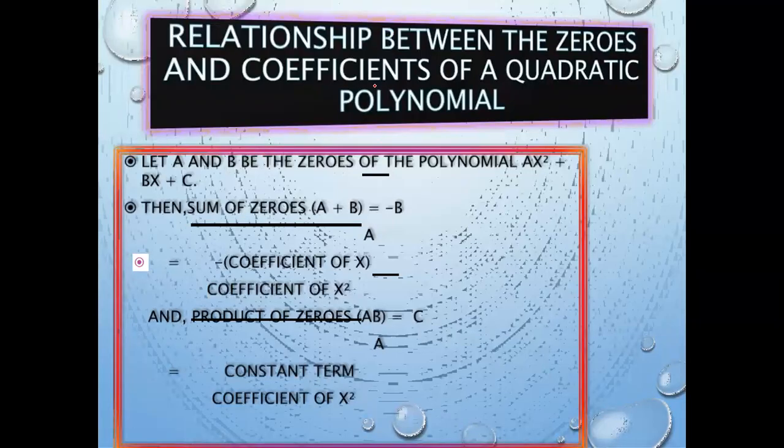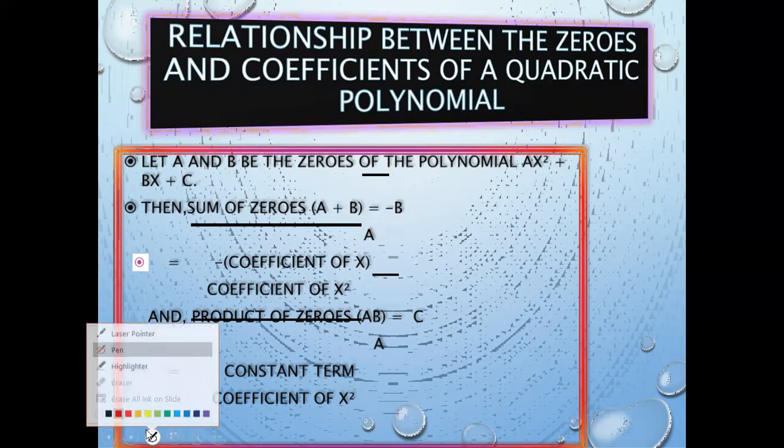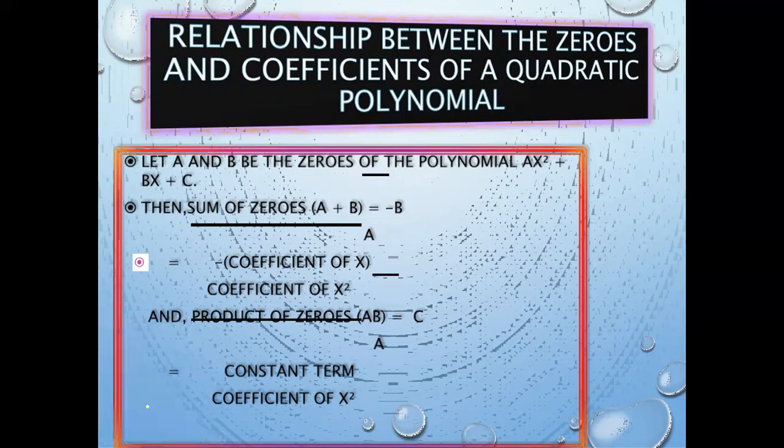Now, the relationship between the zeros and the coefficients of a quadratic polynomial. Let alpha and beta be the zeros of the polynomial ax square plus bx plus c, the general equation. Then the sum of zeros, alpha plus beta, is equal to minus b upon a.